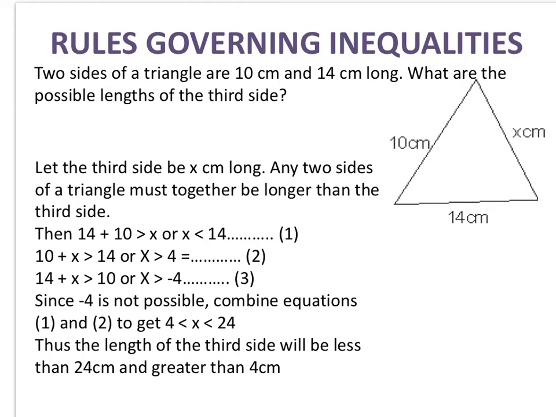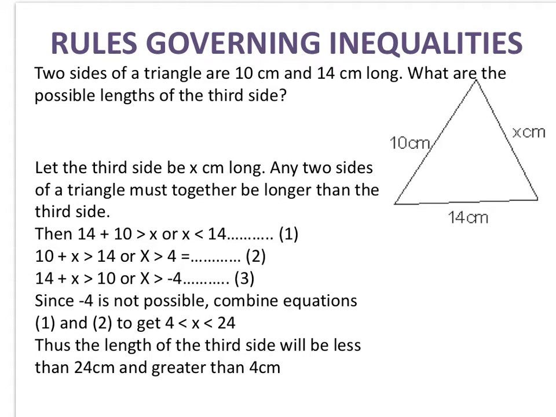Then 14 plus 10 is greater than x, or x is less than 24. That's equation 1. 10 plus x is greater than 14, or x is greater than 4. Equation 2. 14 plus x is greater than 10, or x is greater than minus 4.